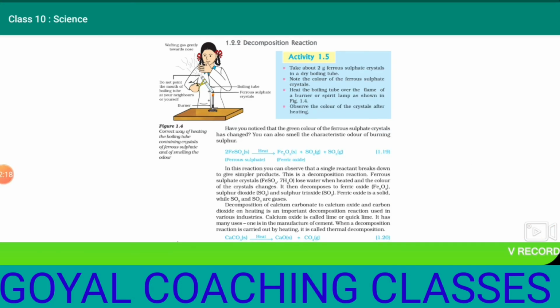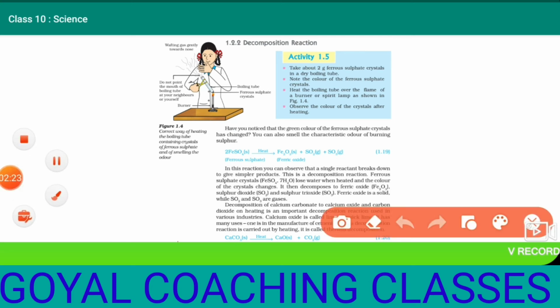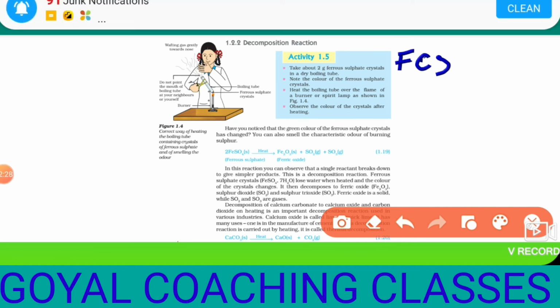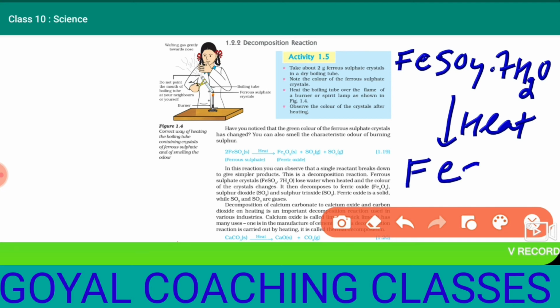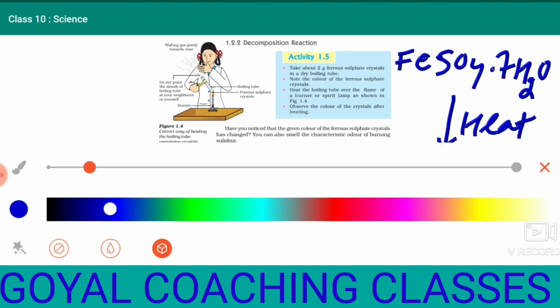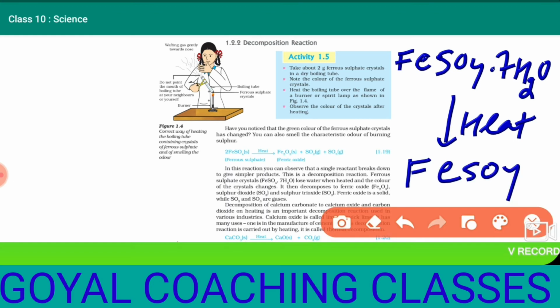The color of the ferrous sulfate crystal is green. Student, I will tell you the actual formula of the ferrous sulfate crystal is FeSO4.7H2O. And when you are heating it, it will change to FeSO4. And just remember, when we write FeSO4.7H2O, its color is light green.